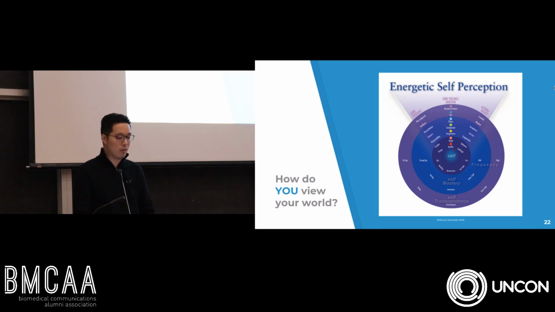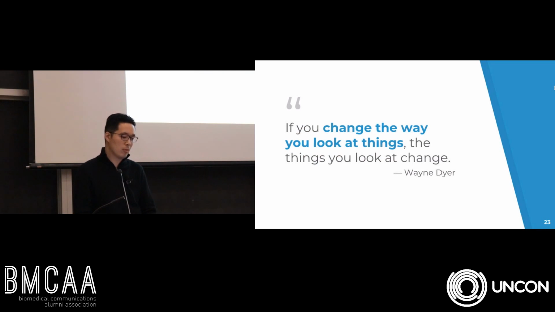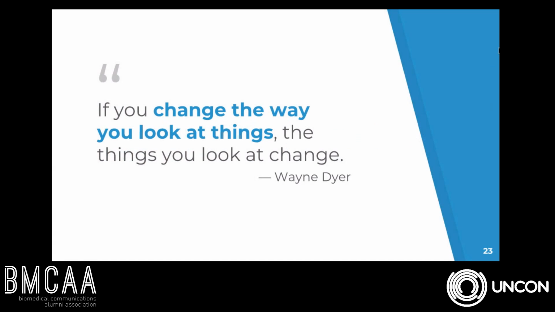And chances are, it's probably one of the lower, more catabolic levels of energy. But now you know. If you want to have a different experience in any given situation, you can shift your energy. Choose a new way to see yourself, the situation, your abilities in that situation.